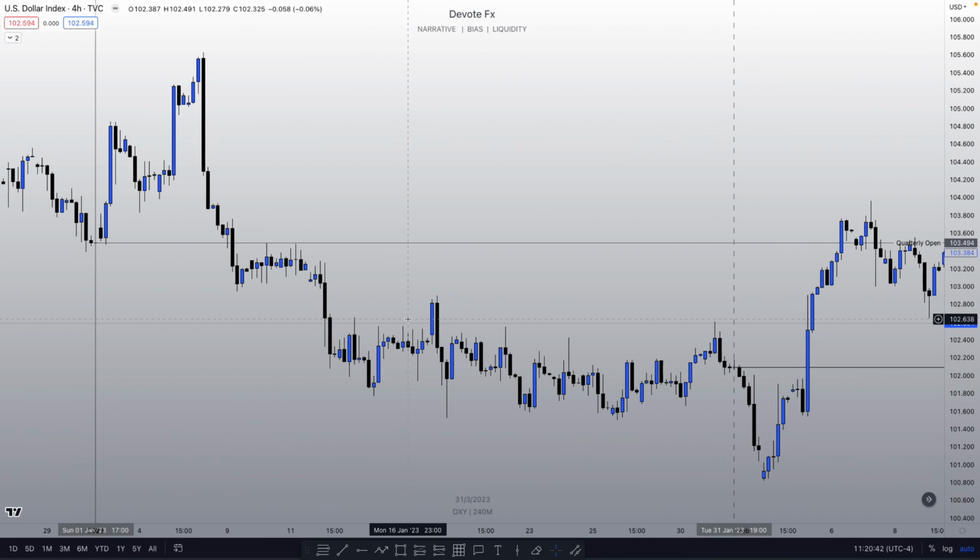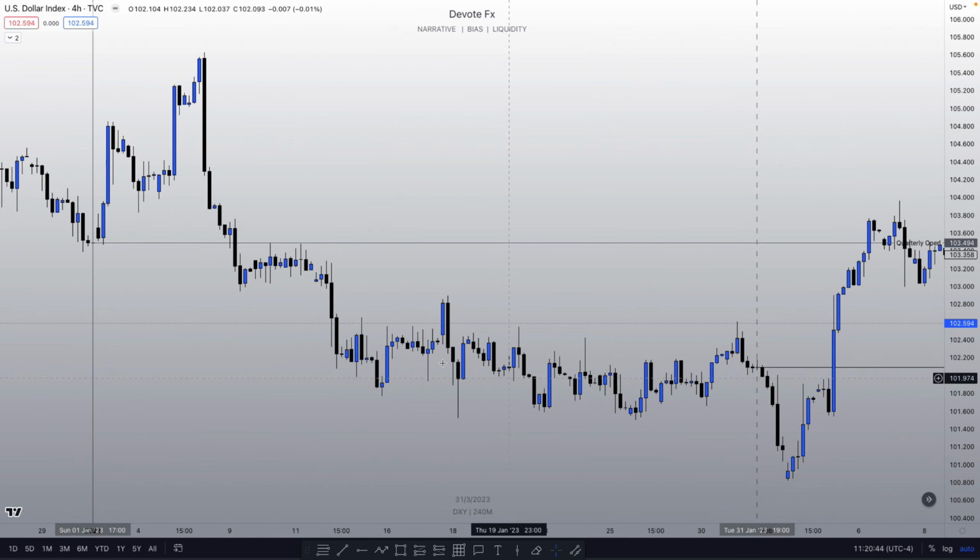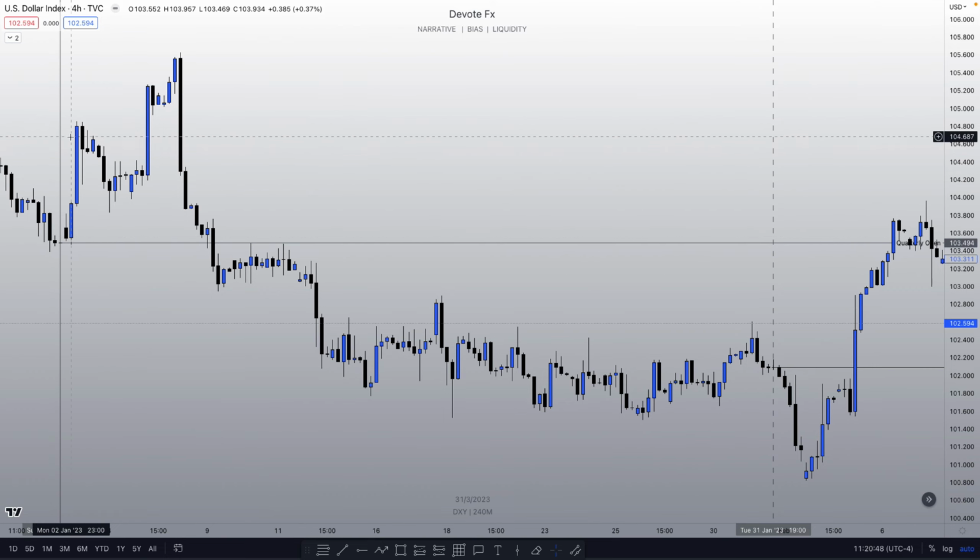As far as the 4 hour goes, intra-month, there's not a whole lot to pull from January for the $1. Accumulation of shorts above monthly opening price, displaced lower, and then really just traded sideways.